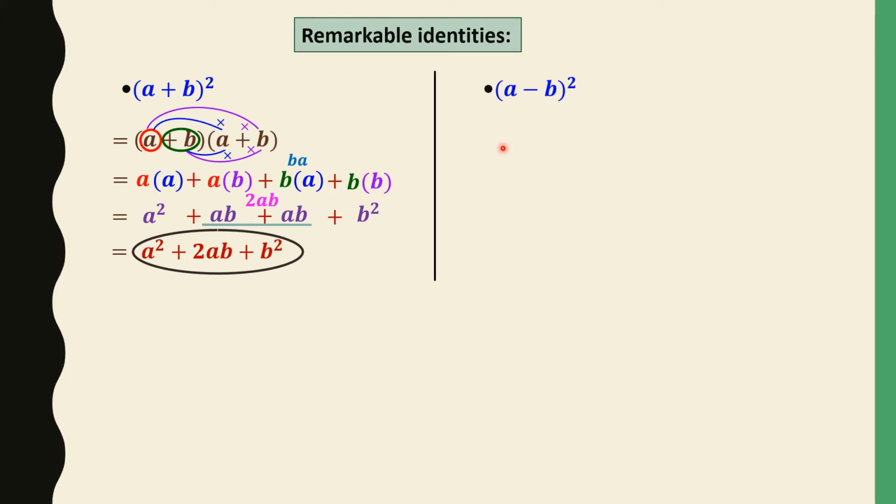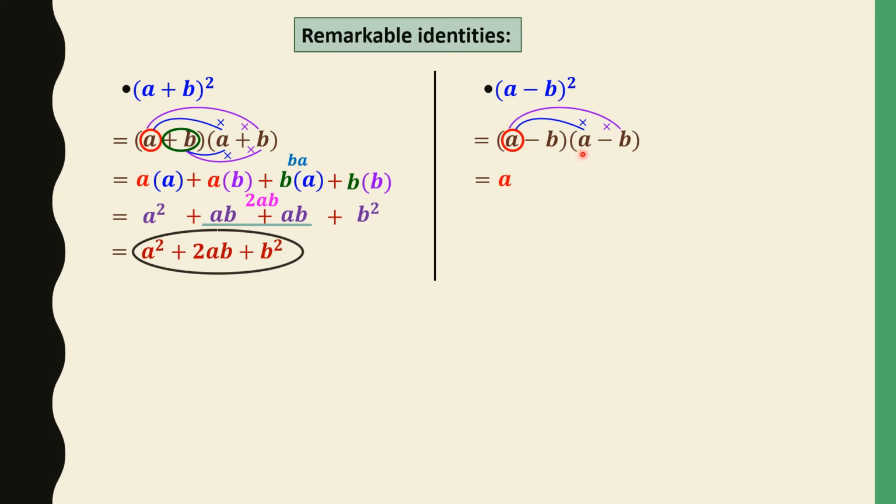Now the second remarkable identity, a minus b squared, it's equal to a minus b into a minus b. We multiply a minus b by itself because we have its square. So let's expand it. Equals, here we multiply a by a, then a by negative b.